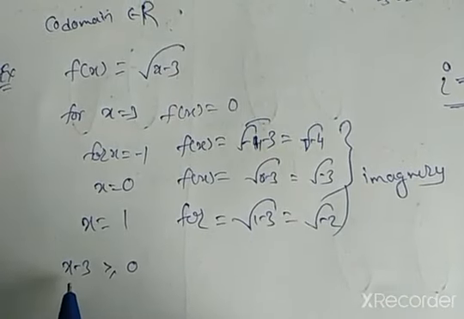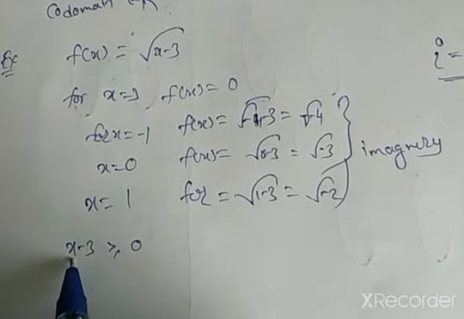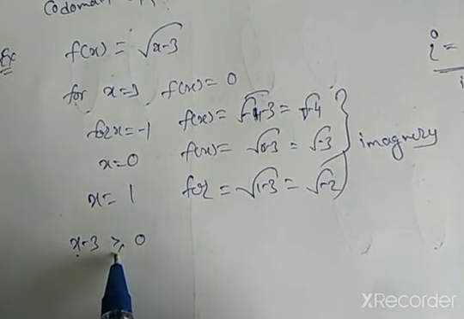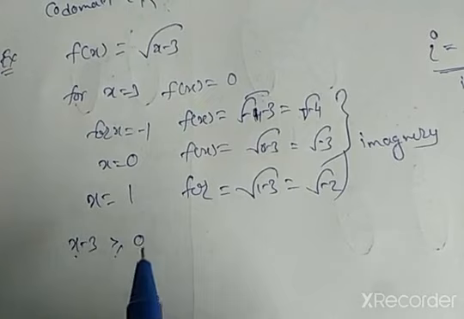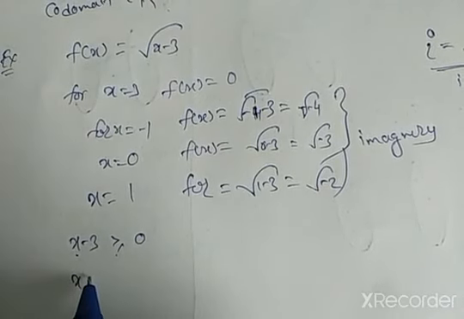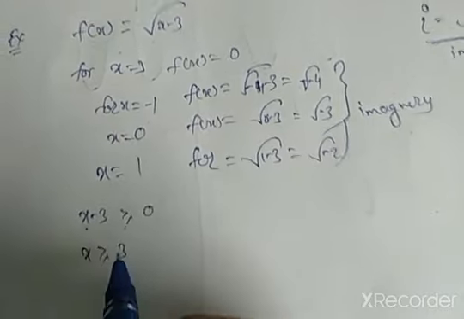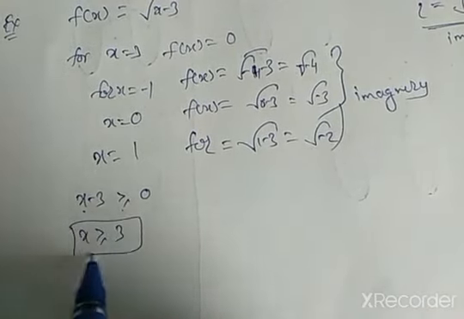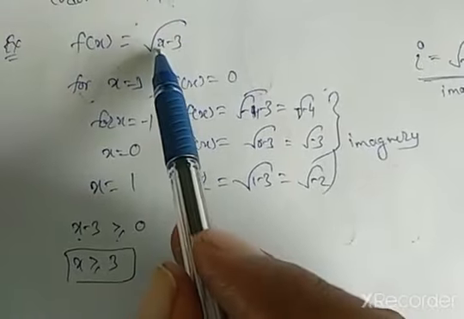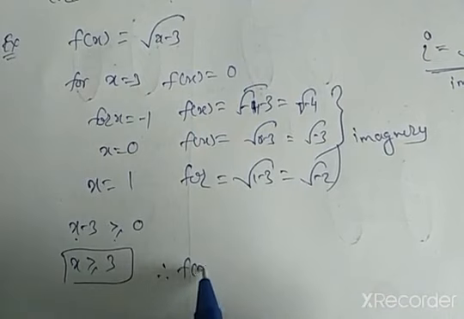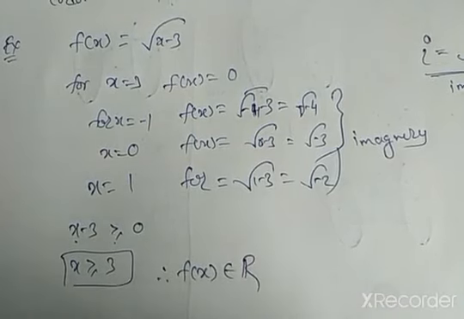So x minus 3 greater than or equal to 0 means x is greater than or equal to 3. For x greater than or equal to 3, we get a function value that is a real number, so f(x) belongs to R.